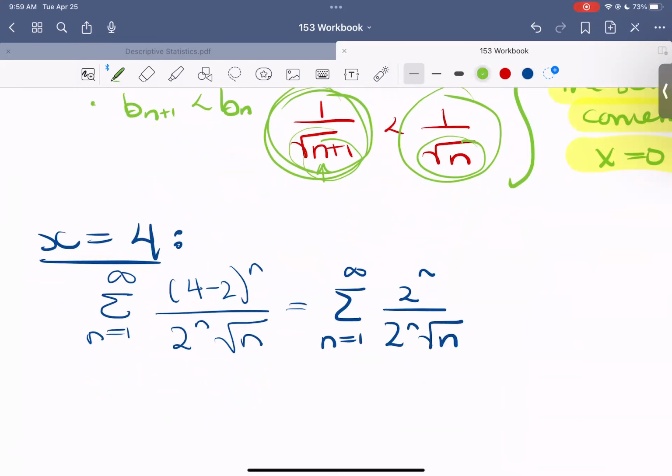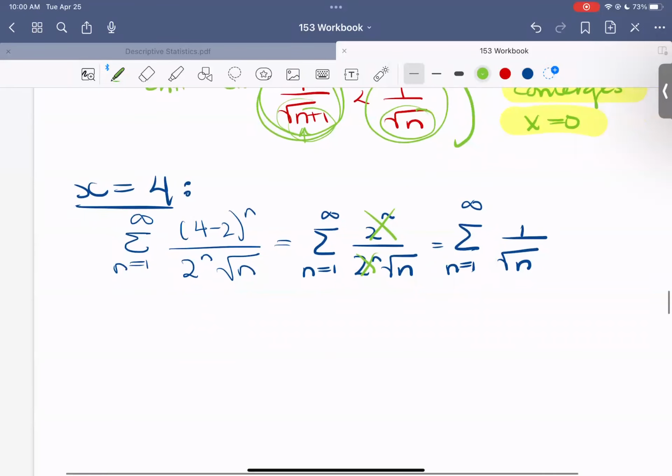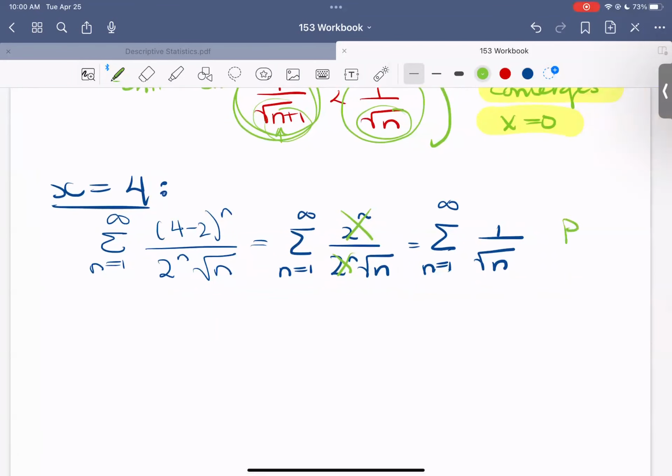All right, what happens there? Well, that's cool. The 2 to the n's again cancel. And we're just left with the sum of n equals 1 to infinity of 1 over root n. So does this series look familiar? Well, here we have a p series with p equal to 1/2. The power on the n in the denominator is 1/2.